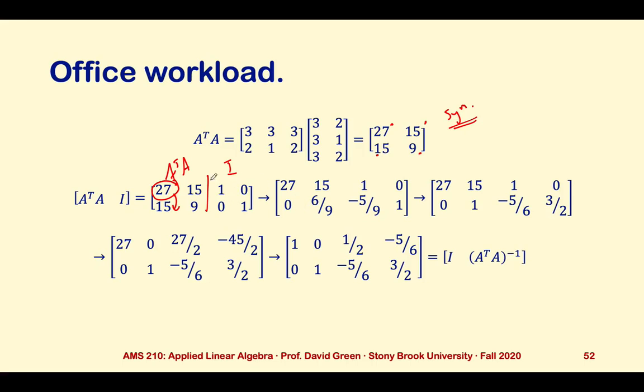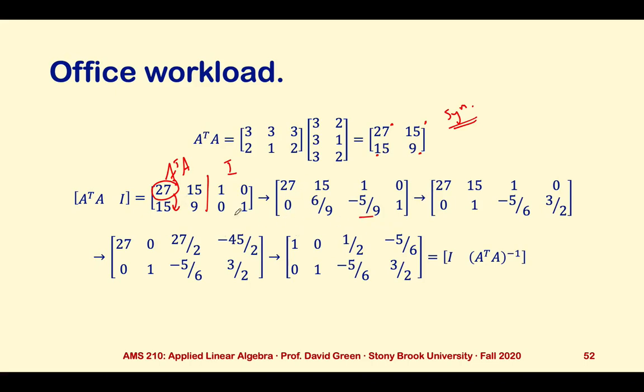But we can also just work with these. The scaling factor for elimination would be 15 over 27, which is 5 over 9, as we see here.